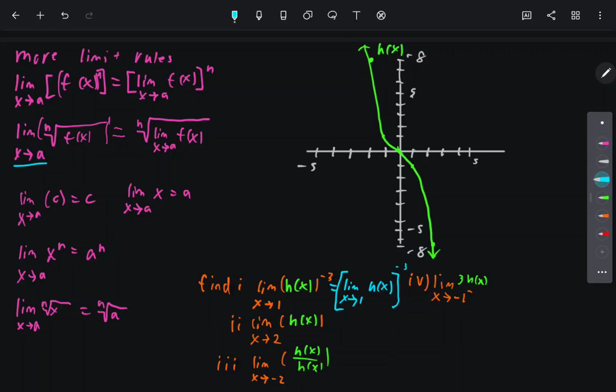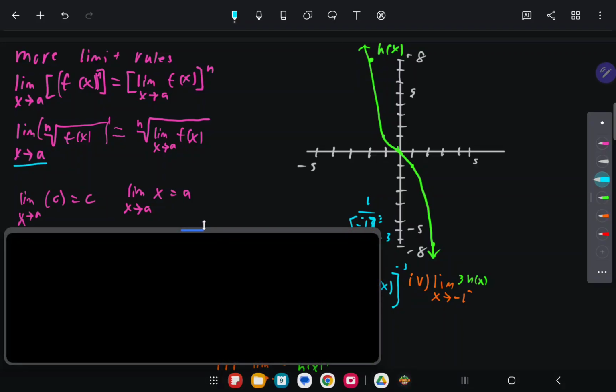H of x at 1 is just negative 1. So this is really just the same thing as negative 1 to the negative 3rd power, which is 1 over negative 1 to the 3rd. So it's really just equal to negative 1.